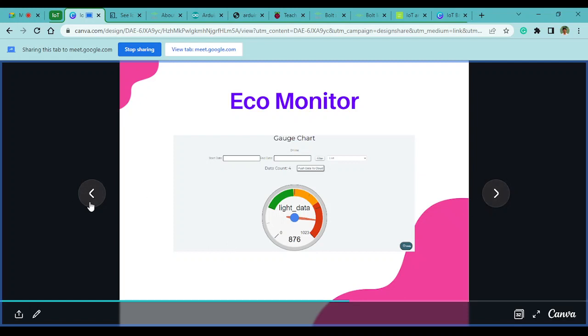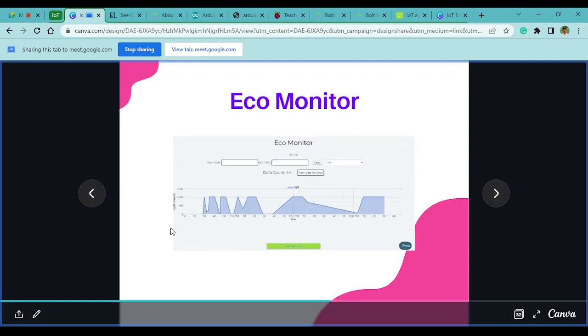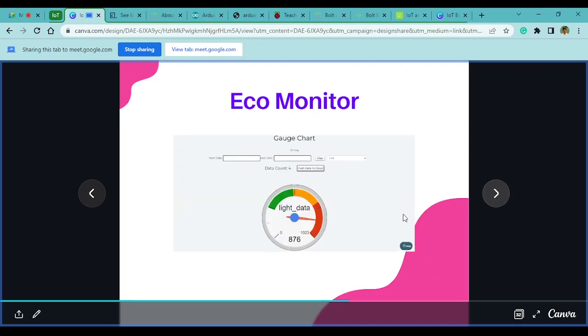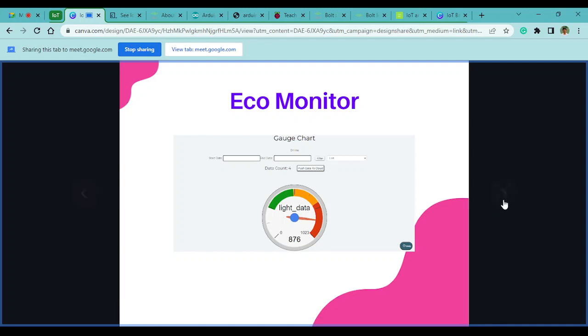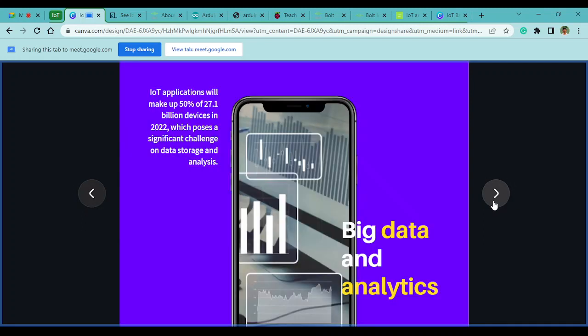And the dashboards that you can see over here are provided by Bolt IoT only. They have a completely integrated hardware platform as well as cloud platform that you can use, right? So this was what I was talking about: IoT is so powerful that these applications generate a lot of data, termed big data, right?